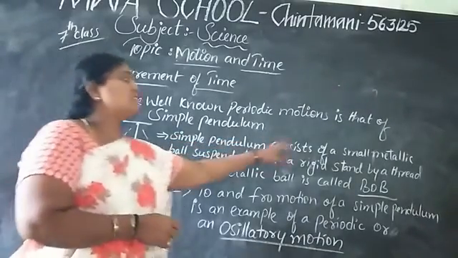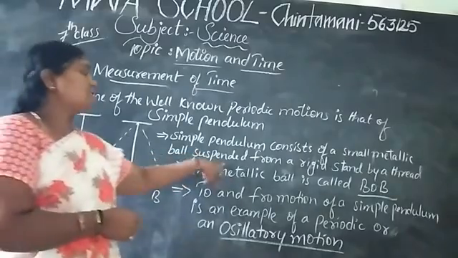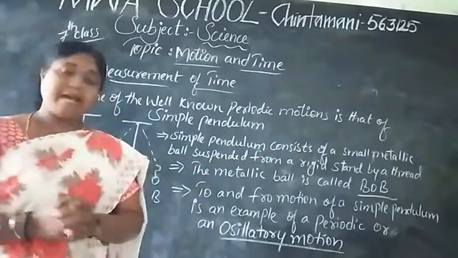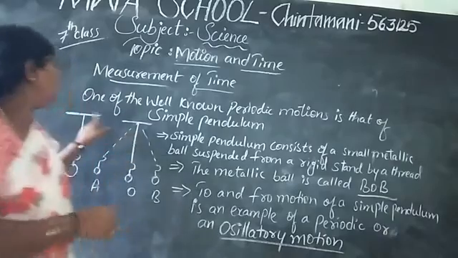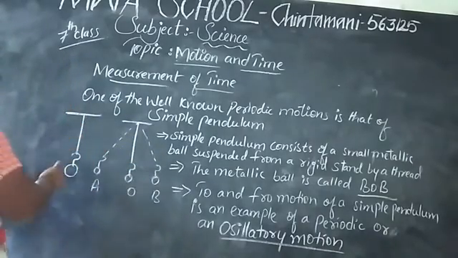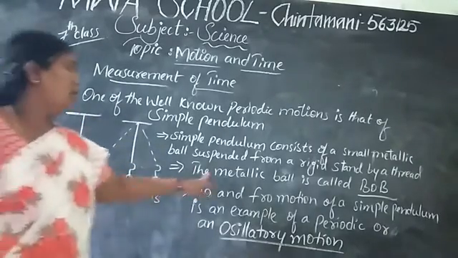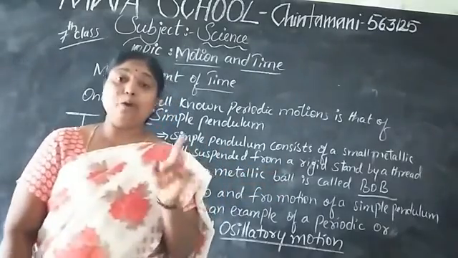A simple pendulum consists of a small metallic ball suspended from a rigid stand by a thread. The metallic ball is called a bob, B-O-B.